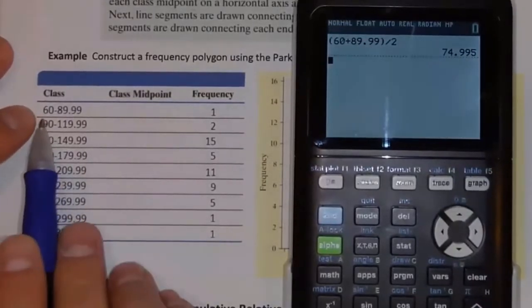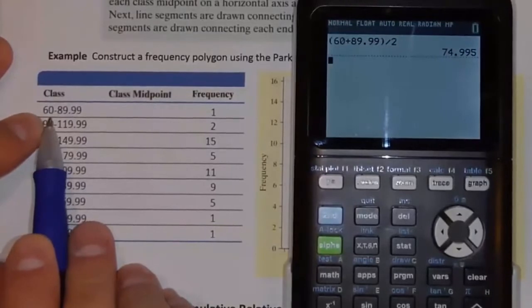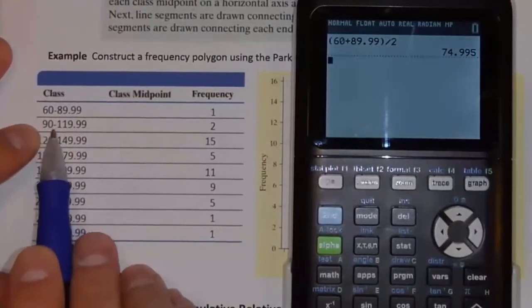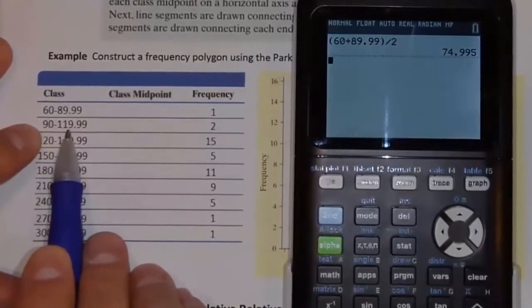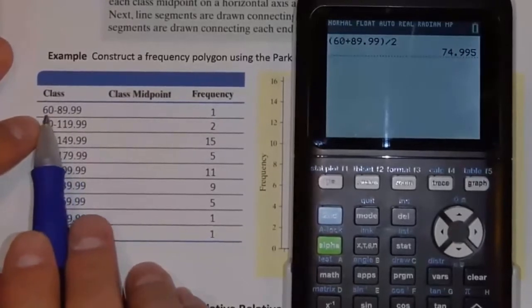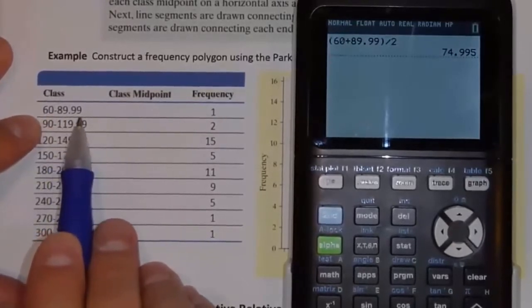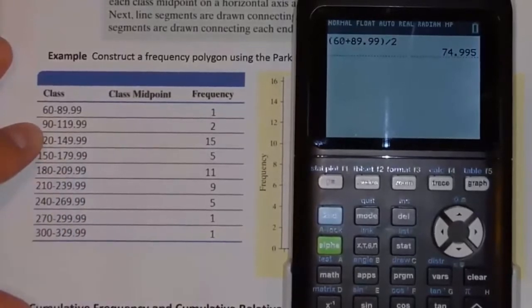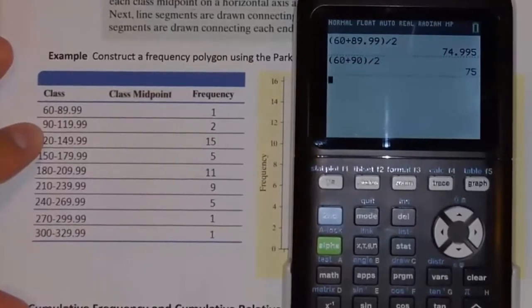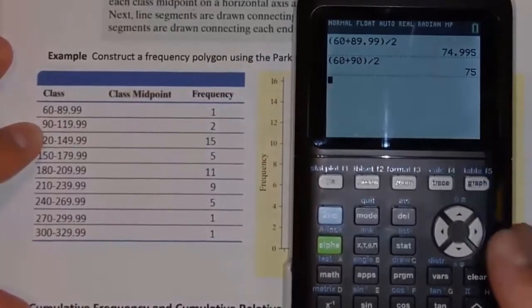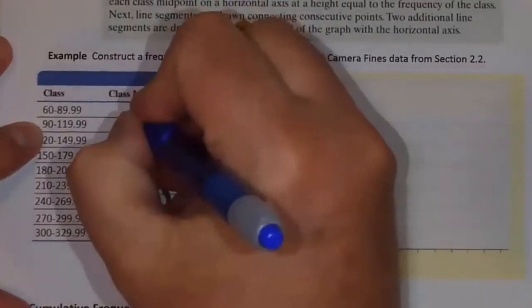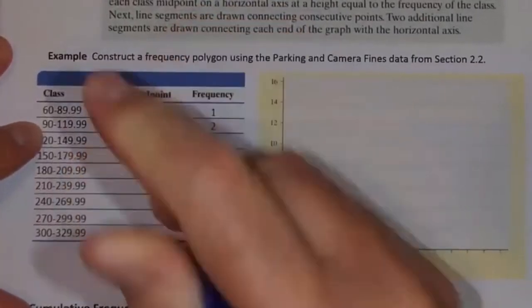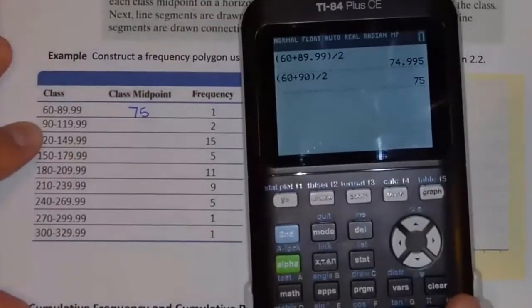Our textbook says average the lower limit of the class with the lower limit of the next consecutive class. So I'm not going to average 60 and 89.99. I'm going to average 60 and 90. If I take 60 plus 90 and divide that by 2, that's 75. So I would say my class midpoint is 75, not 74.995.